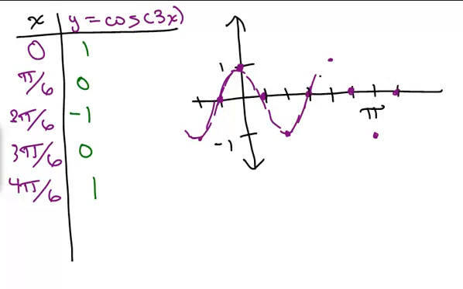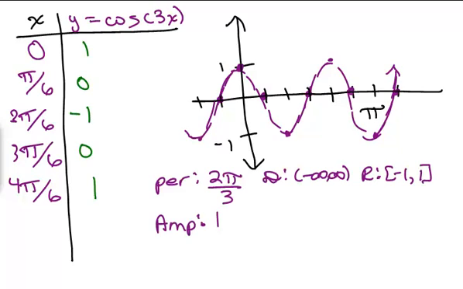So this is going to be more than one cycle. And then we have all of our other information. We had the period of 2 pi over 3, domain negative infinity to infinity, the range -1 to 1, amplitude 1. There is no phase shift, there is no vertical shift, and so there's our final answer for y equals cosine of 3x.